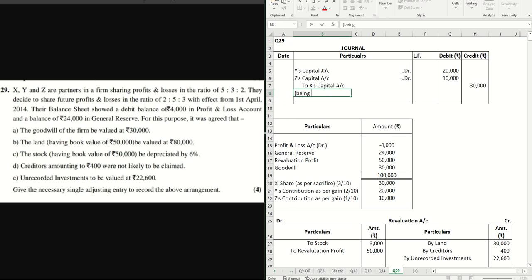Narration straight away you can write: being adjustment journal for change in PSR, crediting excess capital account and debiting Y's and Z's capital account, right?